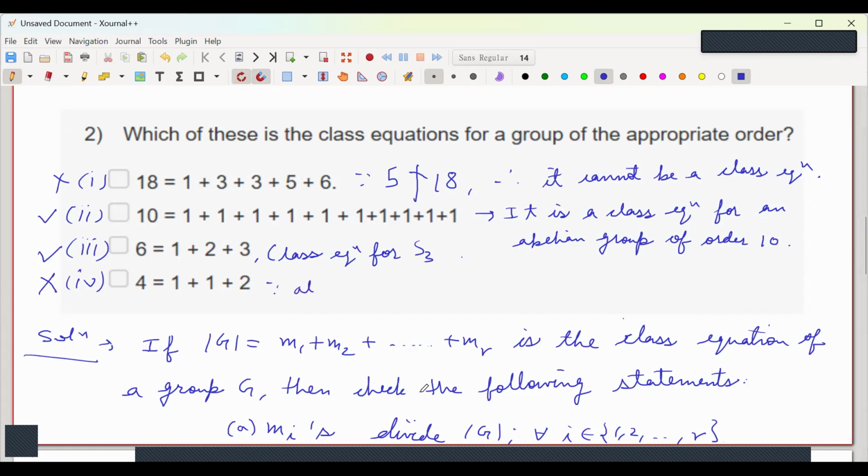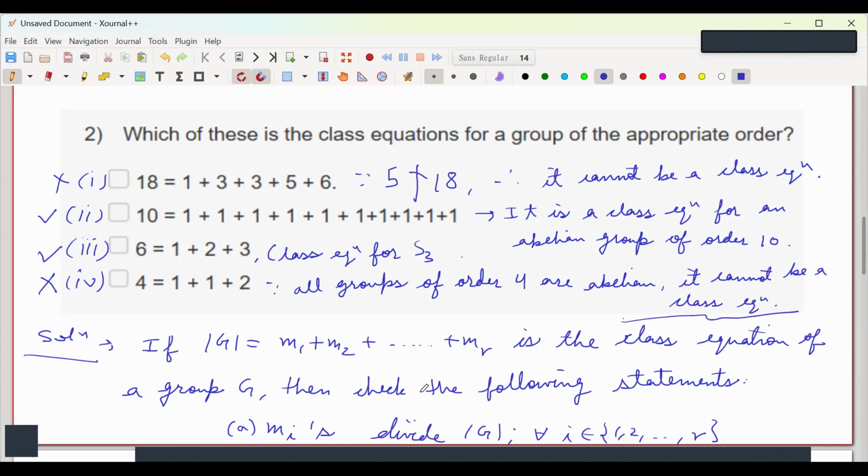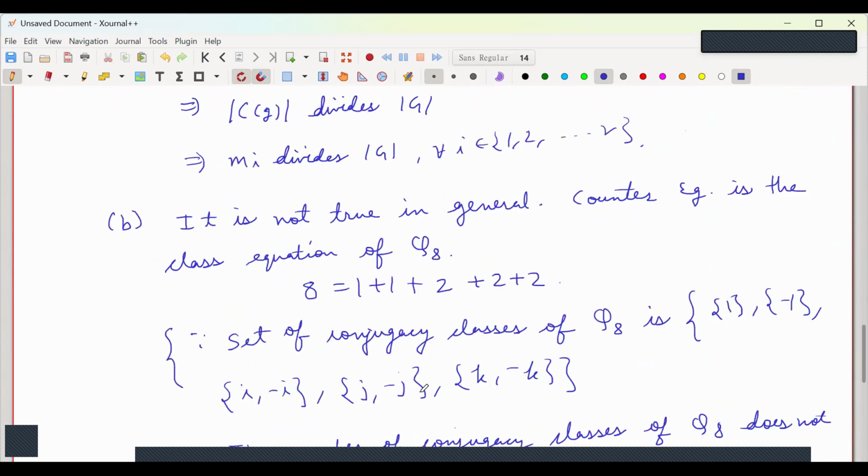Since all groups of order 4 are abelian, it cannot be a class equation. Okay, good. Let's move to the next part.